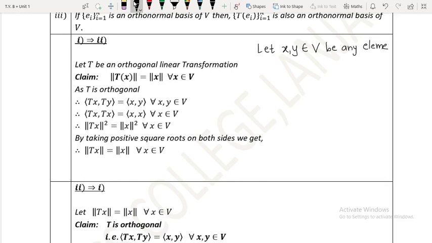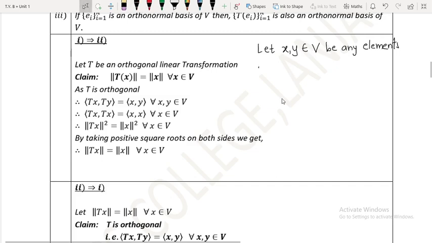Remember what we have to prove: inner product of Tx with Ty is equal to inner product of x with y for all x, y belonging to V. Now since x and y are any elements of V, and what is given to us is norm of Tx is equal to norm of x for all x belonging to V, naturally this condition will be satisfied for x and y both.